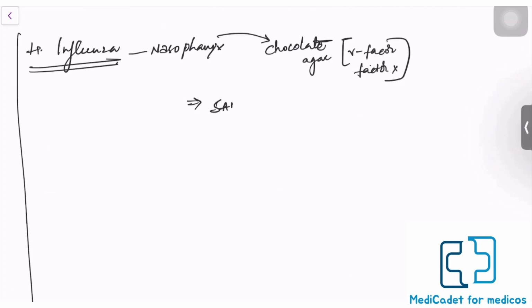So what is this satellitism? Okay, so if you place Staph aureus in a culture, it produces factor V via hemolysis.